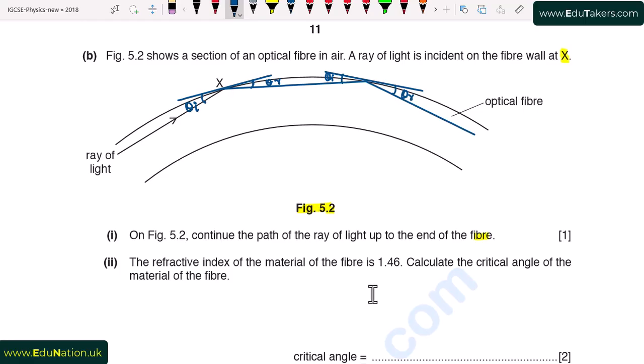So this is the complete path for the ray of light as it enters the optical fiber. First of all, I erase all of these normal lines. So this is the path of the light as it enters the optical fiber. It moves in this direction.